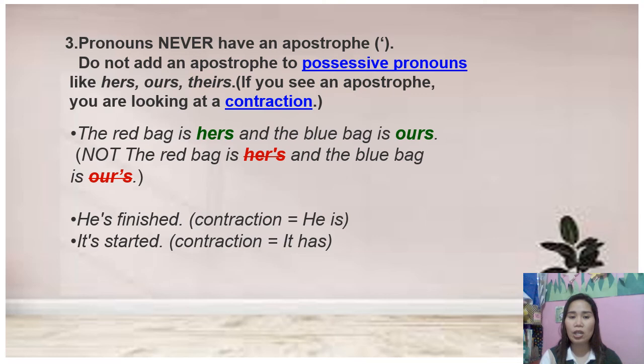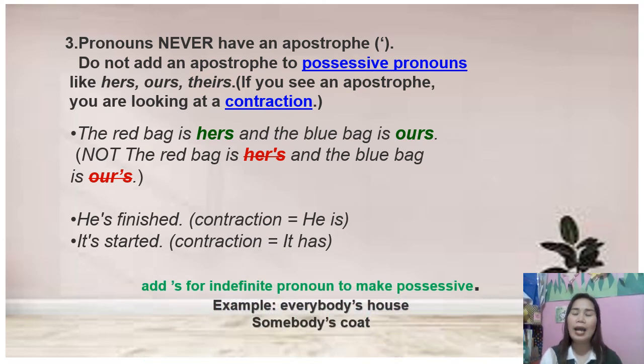So it's here is a contraction of the word it and has. Alright? So never put an apostrophe with possessive pronouns. Okay, so instead you have to add an apostrophe s for indefinite pronouns to make them possessive.